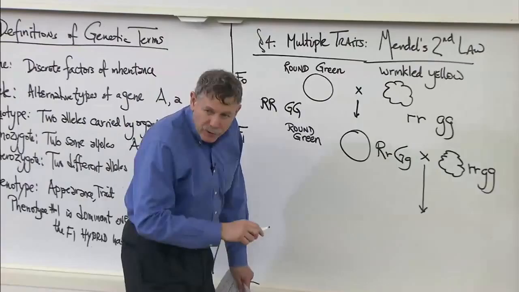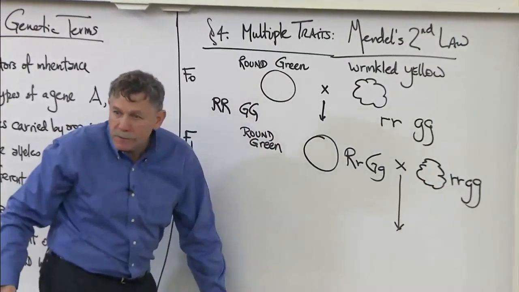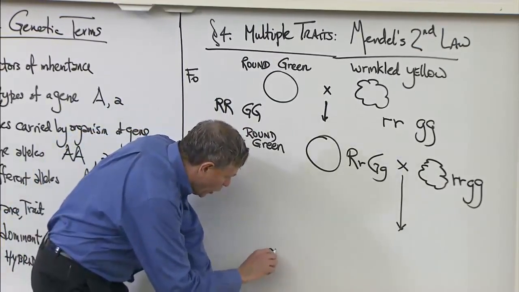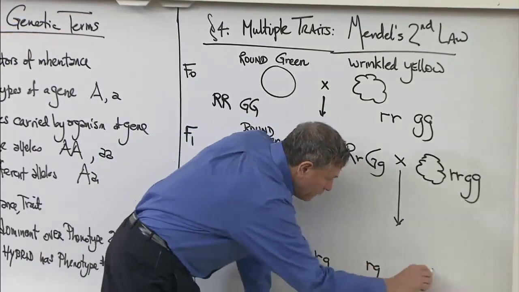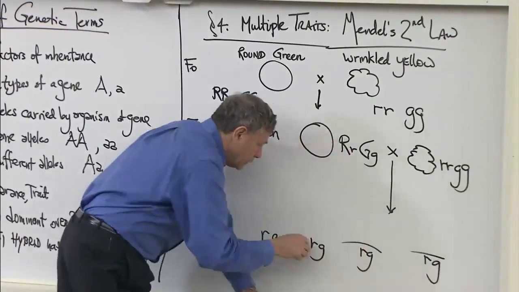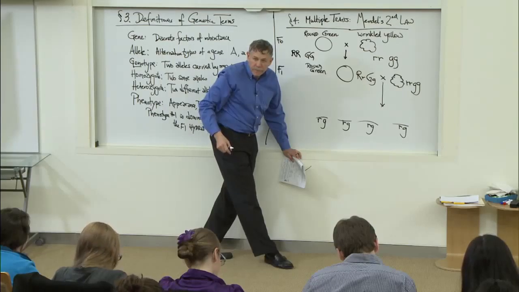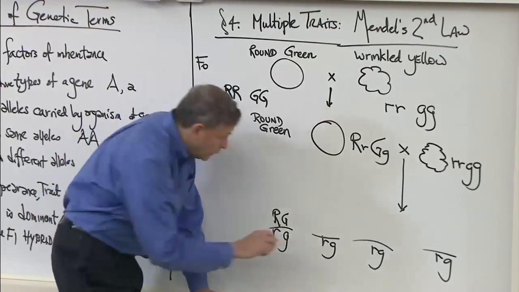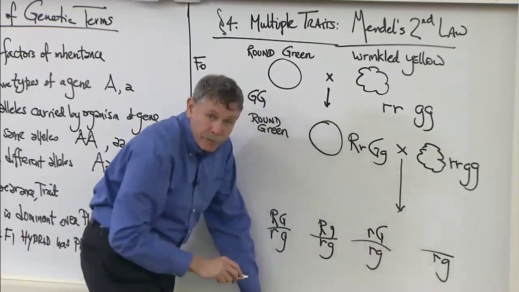What you get in that next generation, let's see, what allele can we get from this parent? Only little r's and little g's. That's all that is on offer, right? Little r's and little g's. So we know that that's all that there is from that parent. But what could this one contribute? It could contribute a big R and a big G, big R and a little g, little r and a big G, or little r and little g.